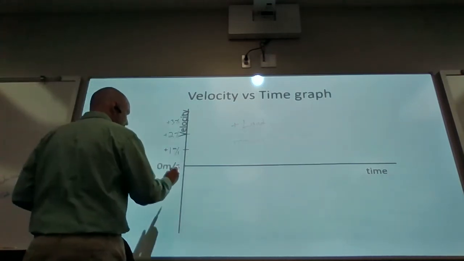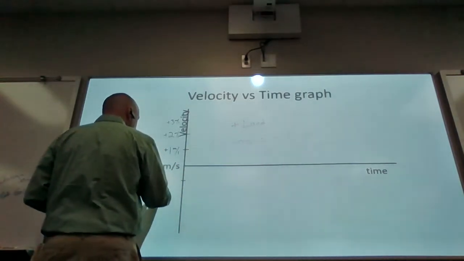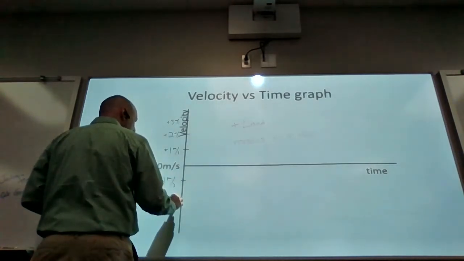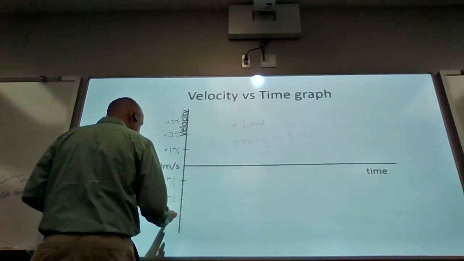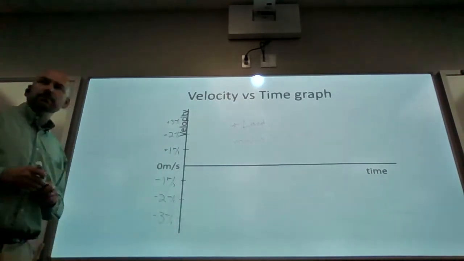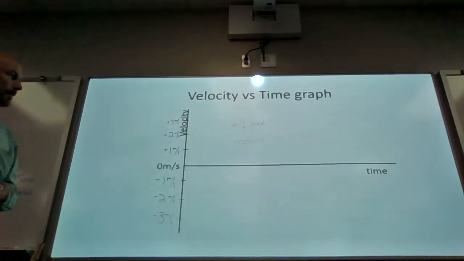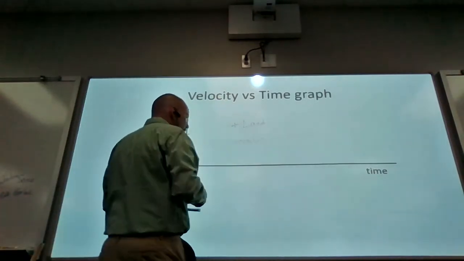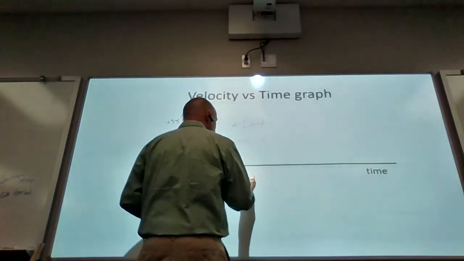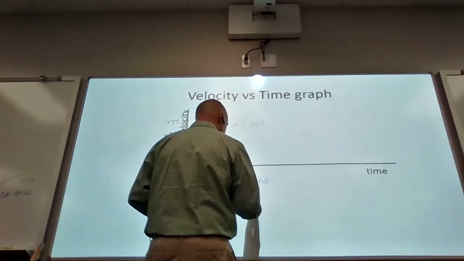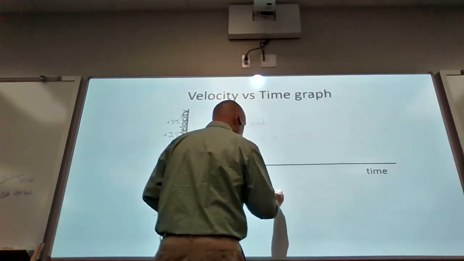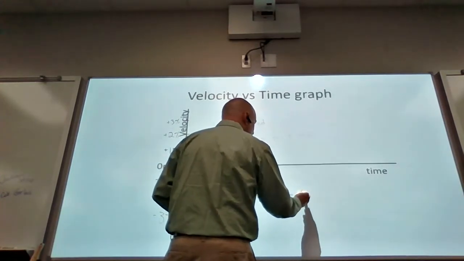Below the x-axis, negative 1 meter a second, negative 2 meters a second, negative 3 meters a second. If you're below the x-axis, then you're in negative land, and you're moving in the negative direction.